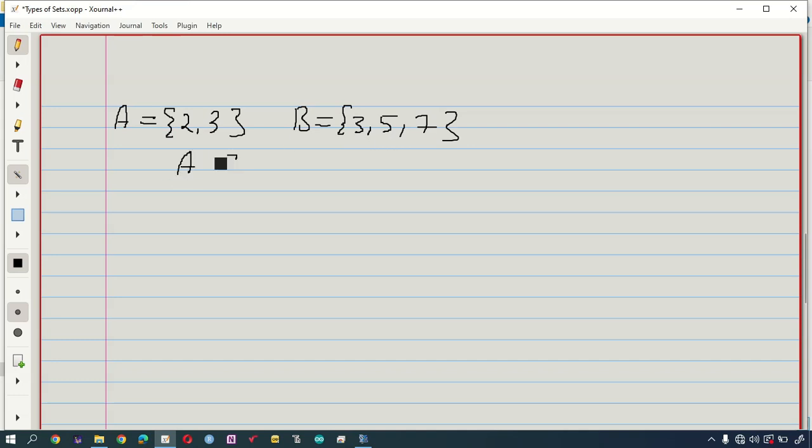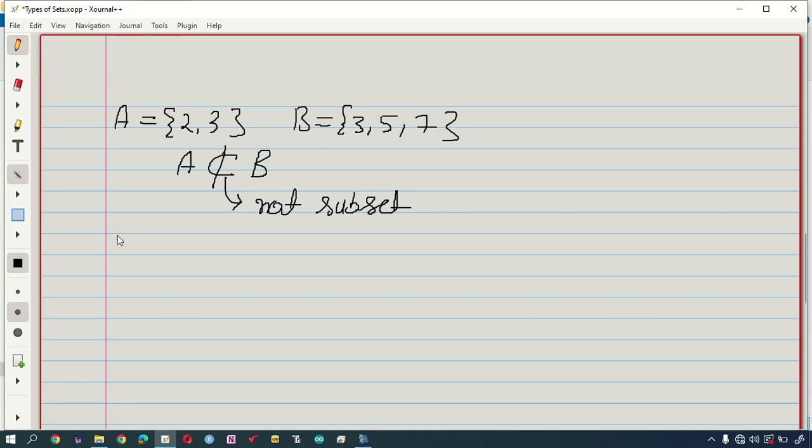So A is not a subset of B, and it is denoted by the subset symbol with a strike on it. So A is not a subset of B.